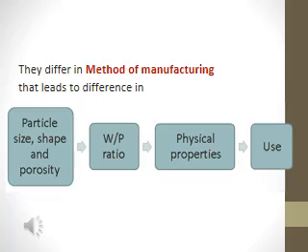Okay, so the amount of water required to wet these particles will be different. The water powder ratio will be different, and hence the properties of the model or die, the result, will be different, and so the use will be different.